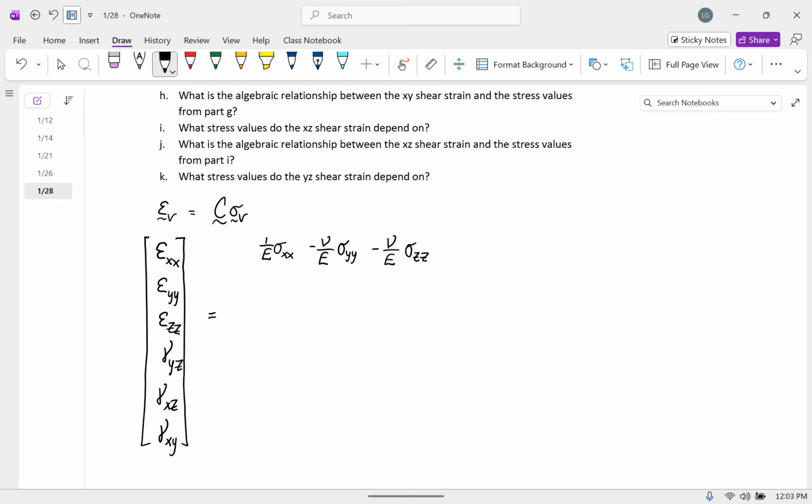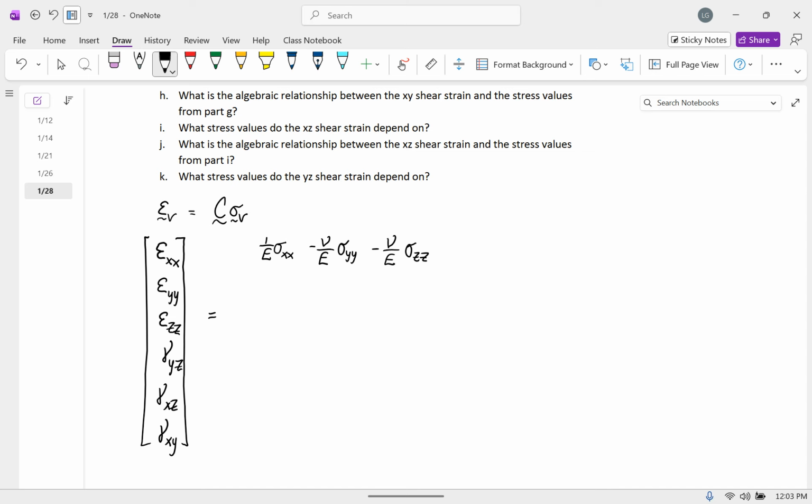Okay, so what that says is EXX is equal to this expression. So you don't need any of the shear stresses in order to calculate EXX. All you need is the 3 normal stresses.